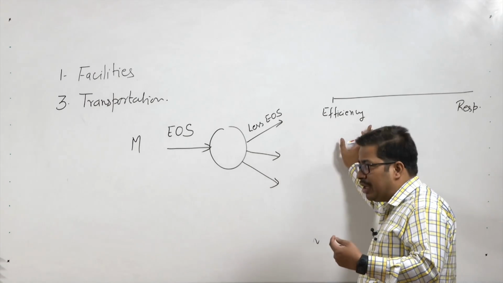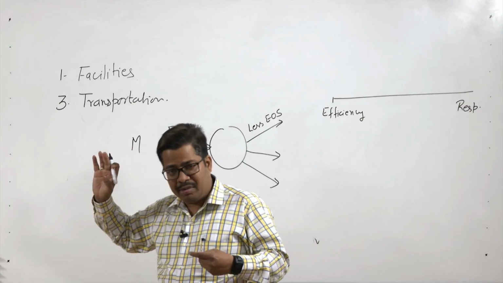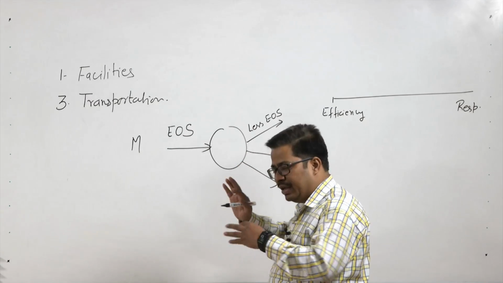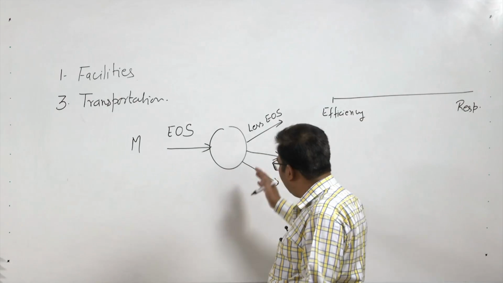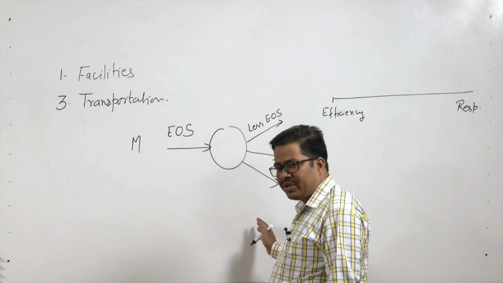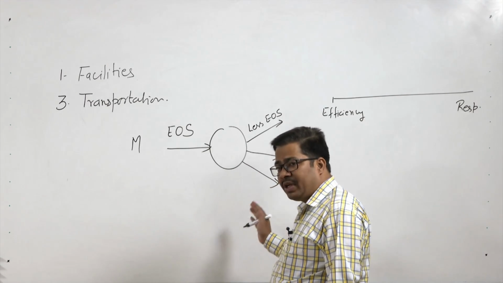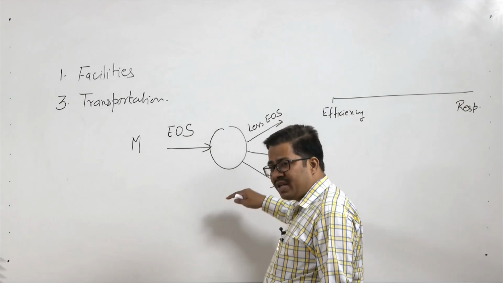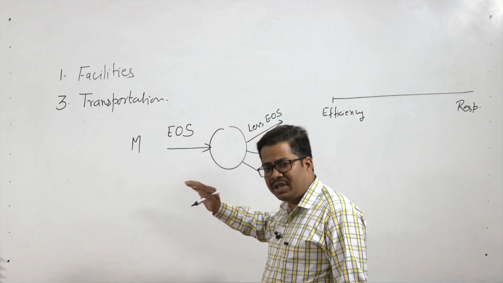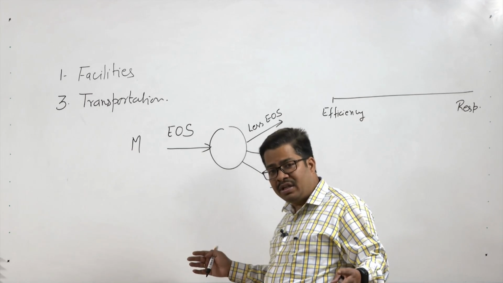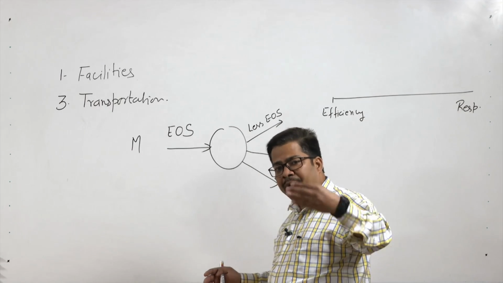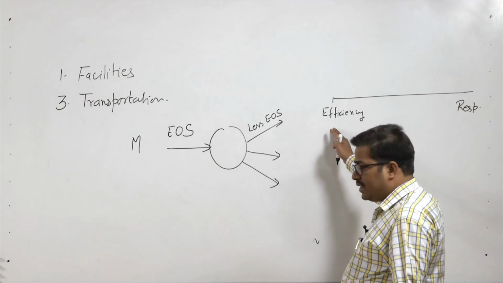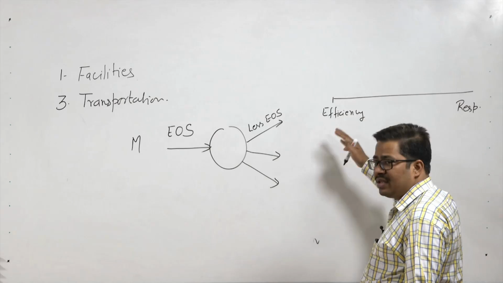So depending upon your supply chain strategy, you can decide. Certainly you will lose some economies of scale in outbound transportation, but to what extent you are ready to sacrifice, whether it is 50%, 60%, 70%, or 25%, will determine your position in this efficiency responsiveness spectrum.